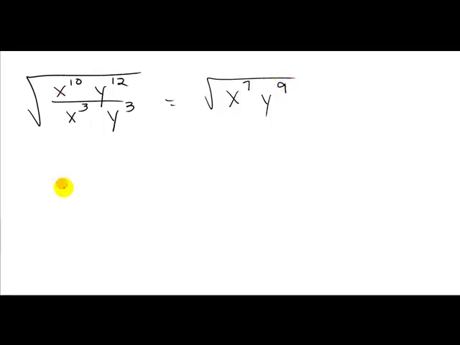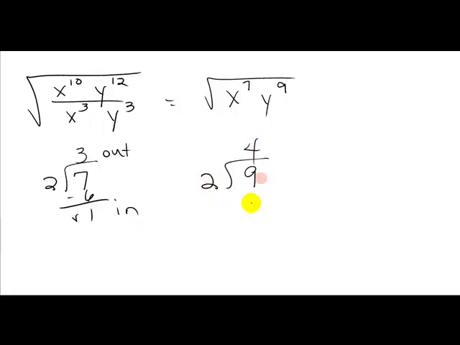Come over to the side here, 7 divided by 2, 3, this is going to be out. With a remainder of 1, that will stay in. 9 divided by 2, 4. With a remainder of 1, so the 4 is out and the 1 is in.